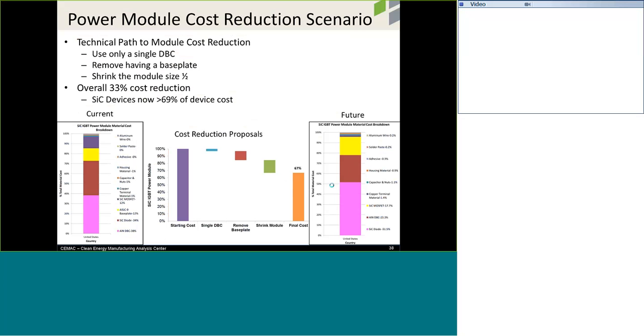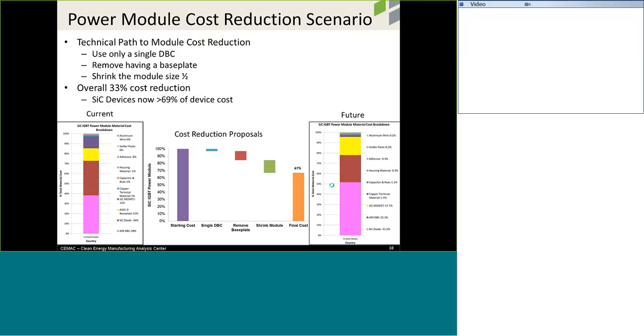Moving on to a power module, a potential scenario for reducing a power module cost would be if you move to a single direct bonded copper. For our base model, we were using multiple ones. If you remove the base plate and then you utilize the wide bandgap capabilities of silicon carbide and you further shrink the model, you could reduce your power module cost 33%.